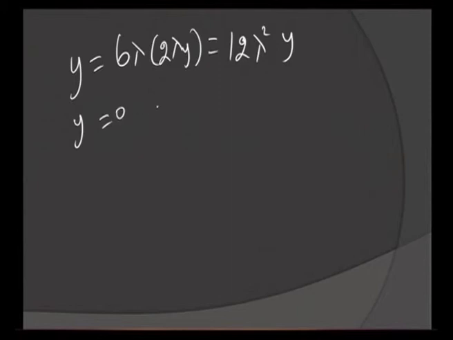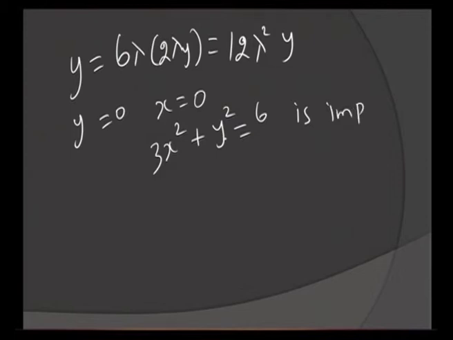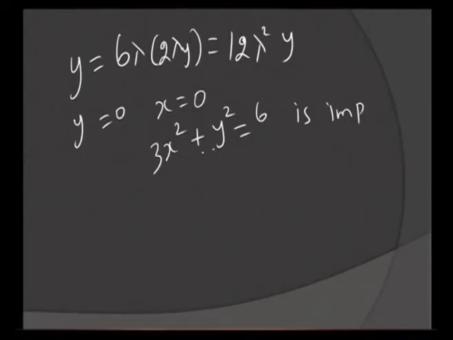If y is equal to 0, x also will be equal to 0, which implies that 3x square plus y square is equal to 6 is impossible, since 0 cannot be equal to 6.